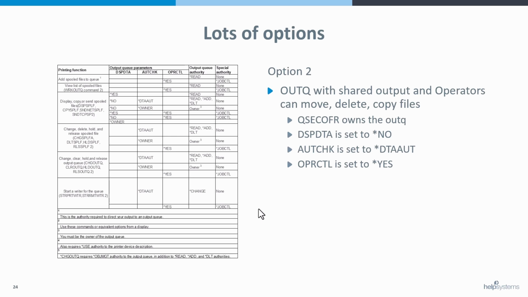They can move the spooled files, they can put them on hold, they can delete the spooled files and clean up out queues. So these are two really clean examples of when you need to restrict access to out queues except for a certain group of people, or you need to allow access to a larger group of people, and ways that you can do that.